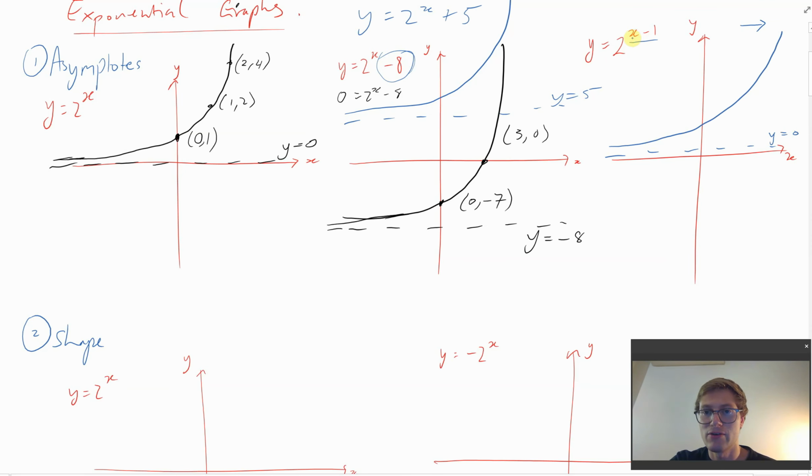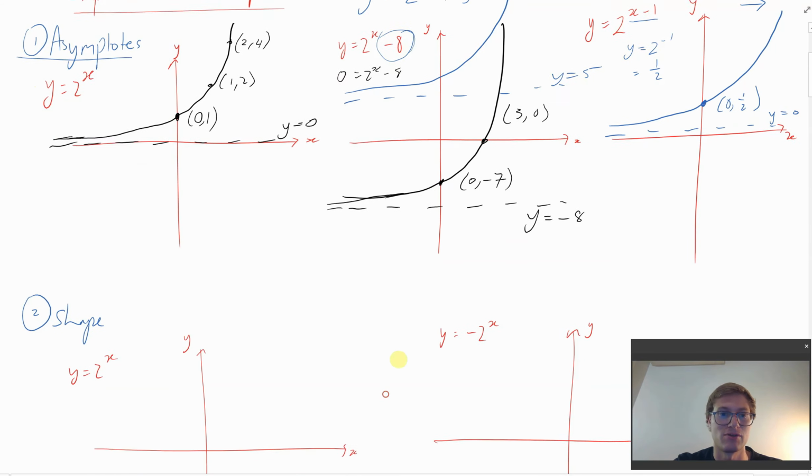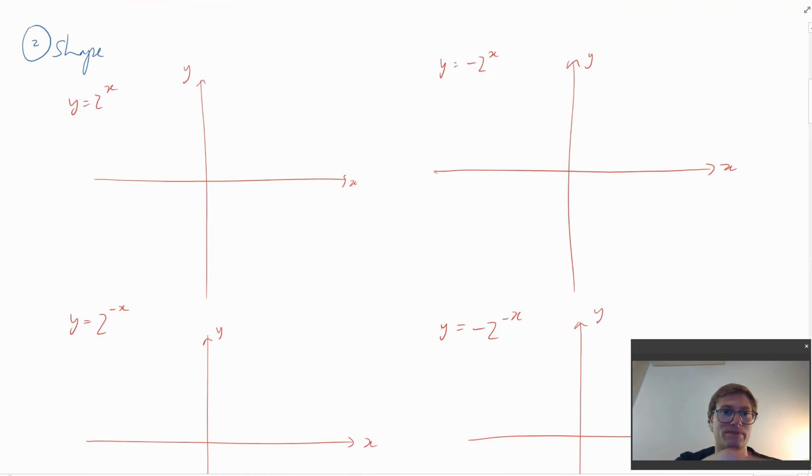If you put in 0, you get 0 take away 1, so for a y-intercept you'd get 2 to the power minus 1, and you know from your index laws that is a half. So this point here is (0, a half). The shape looks exactly the same, and the asymptote hasn't gone anywhere. So step 1, get your asymptotes written in correct. Make sure the asymptotes are right as your first step.